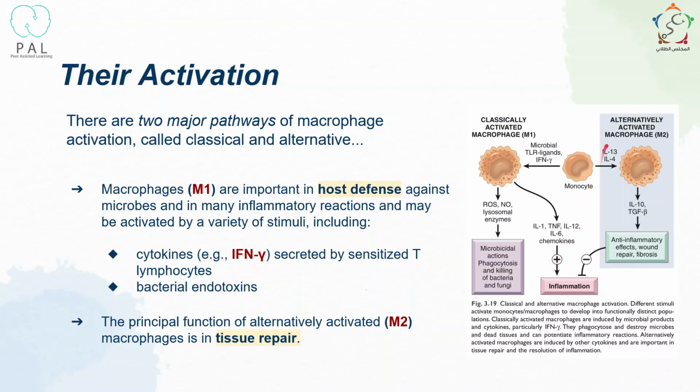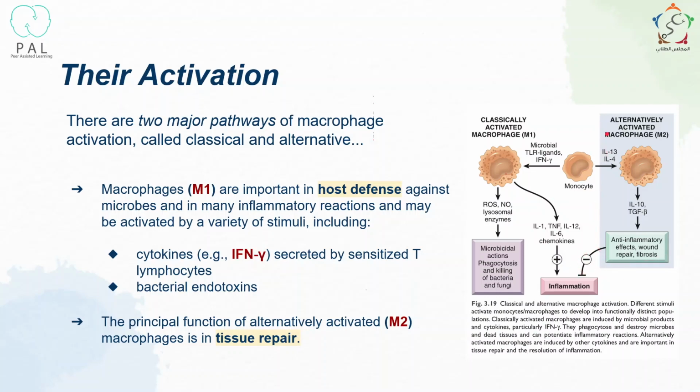Now, the alternatively activated macrophages are anti-inflammatory. So they do the complete opposite. They function mainly in tissue repair. So they are both necessary as tissue repair often follows inflammation. So it has anti-inflammatory effects and helps in wound repair and fibrosis.